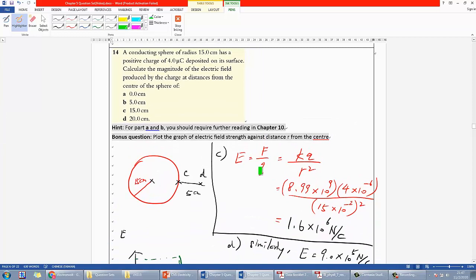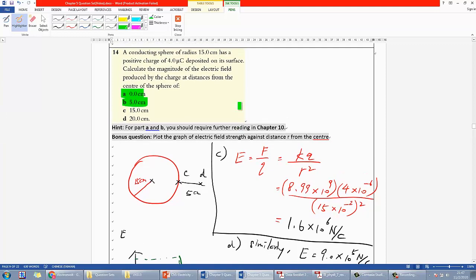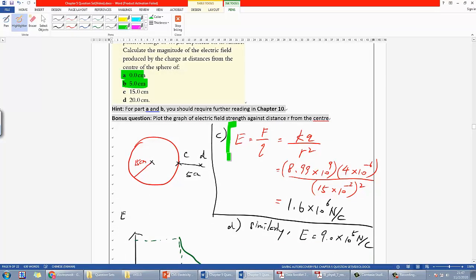For 14, sorry that I forgot to tell you that you may actually skip part A or B because it's something I mentioned earlier as well, but if you don't know how or why, that's okay. For A and B you cannot, I say again, you cannot use this equation to help, because it's different. The charges are lying outside.